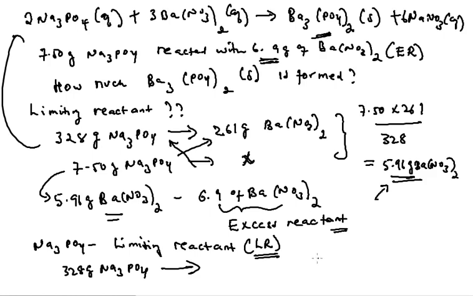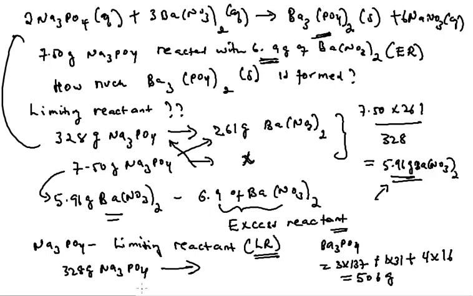Okay, the barium phosphate is 506. The way you calculate the molar mass of barium phosphate is 3 times 137, which is the molar mass of barium, plus 1 times 31, that's the molar mass of phosphorus, and 4 times 16. That will give you 506 grams.